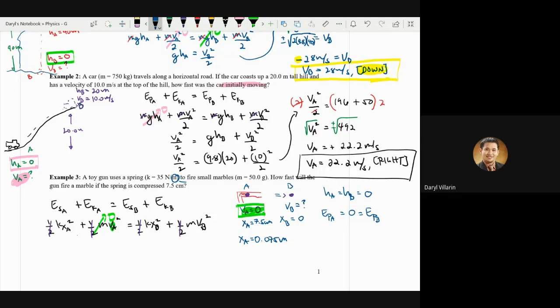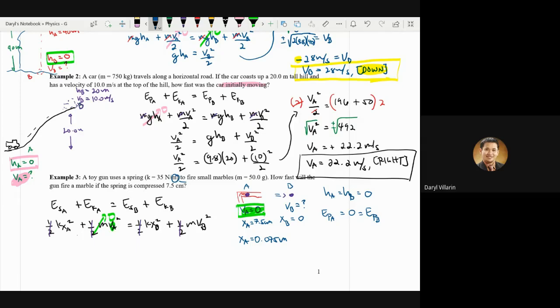Remember that by definition, that's coming from Hooke's law. The x there pertains to the compression or the expansion, stretching it from the equilibrium position or compressing it from the equilibrium position. That's how you measure your x in the Hooke's law equation.